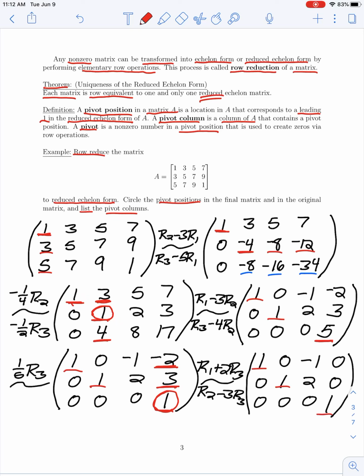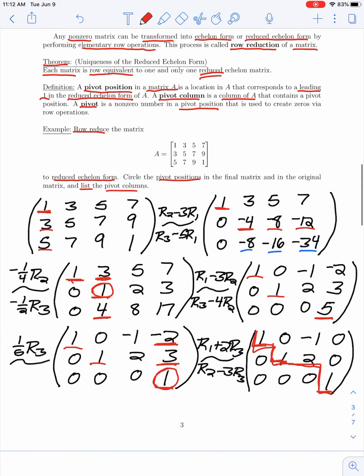So at this stage, we have a matrix whose leading entries are all 1. We have 0 entries above and below the 1 in each column. And each of these leading entries is in a column to the right of the leading entry of the row above it. So this matrix is in reduced echelon form.